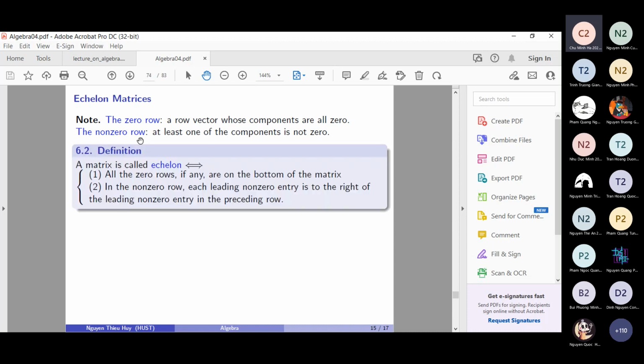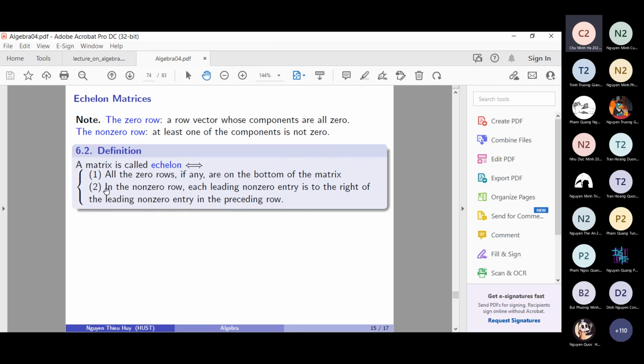So now we have the definition of echelon matrix. A matrix is called echelon if and only if these 2 conditions are satisfied. The first condition means that all the zero rows, if any, are at the bottom of the matrix. And now consider the non-zero rows.